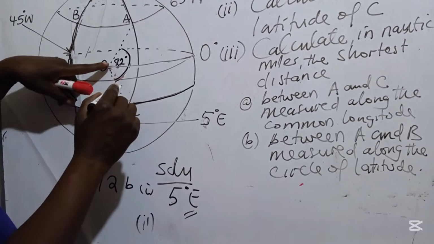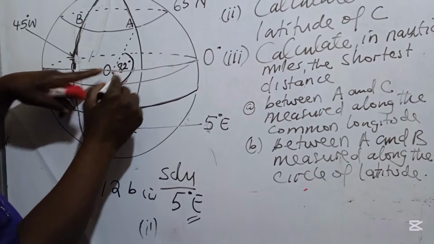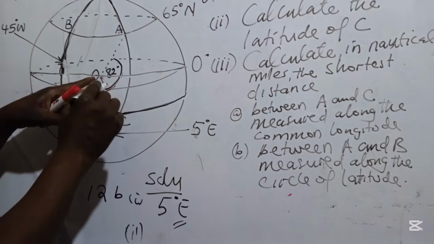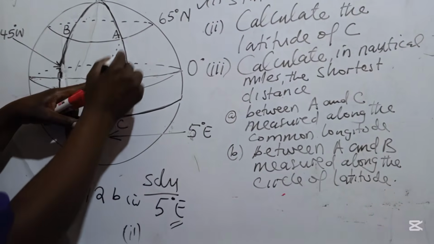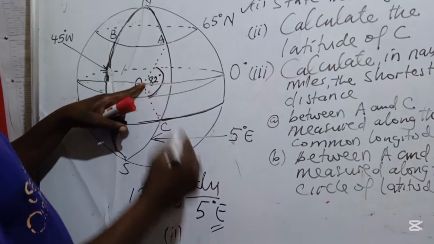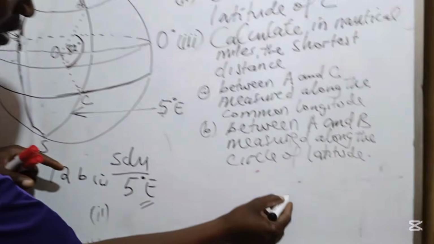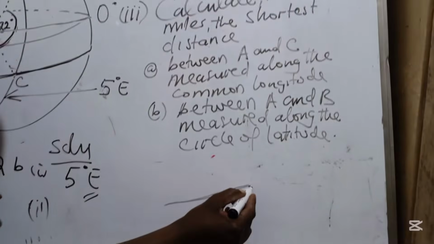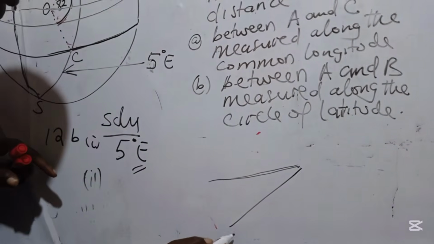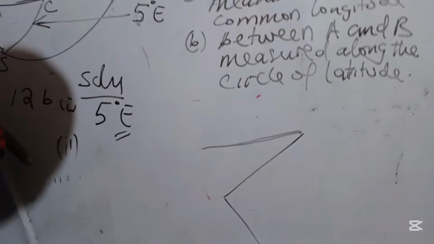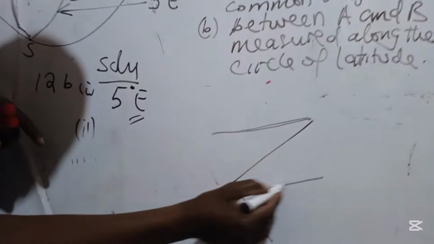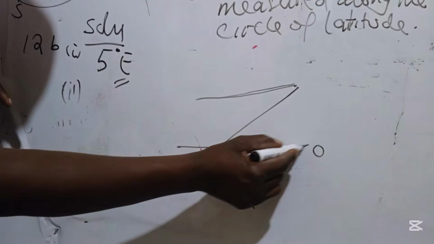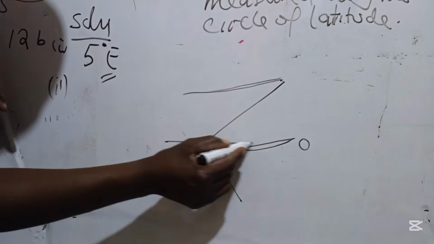Now, I'm not dividing this angle into two equal parts. What will help me to understand this angle is that I've got the latitude 65 there, and I've got the equator there. It's a straight line.